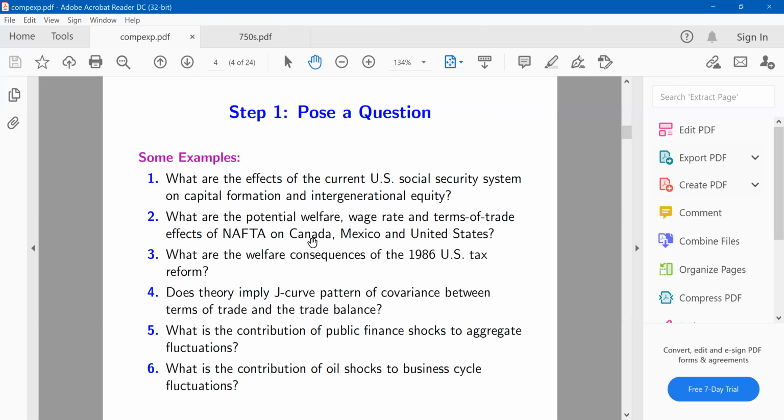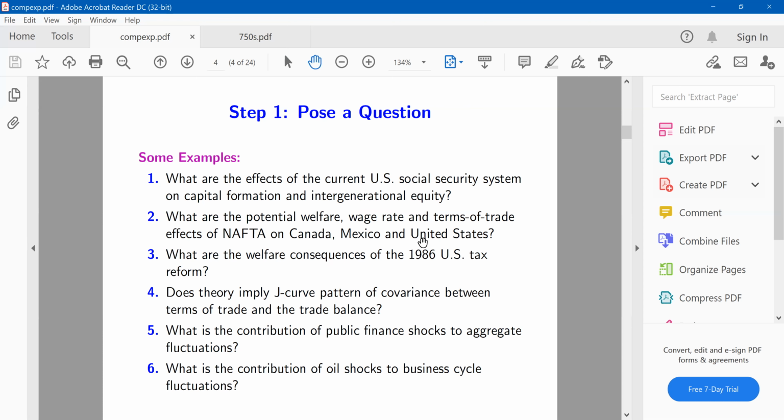What are the potential welfare, wage rate, and terms of trade effects of NAFTA on Canada, Mexico, and the United States? Of course, you can ask this question after NAFTA is actually established, or you may imagine a free trade agreement between Canada, Mexico, and the United States, and then try to understand the implications of such a free trade agreement between these three countries.